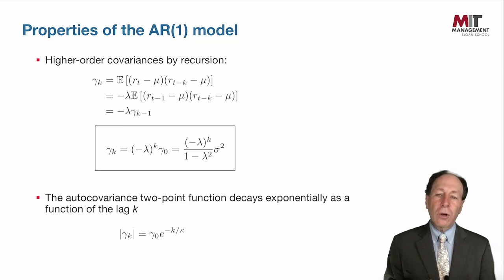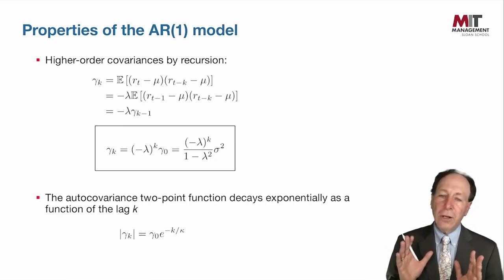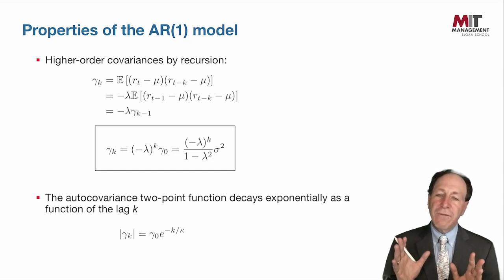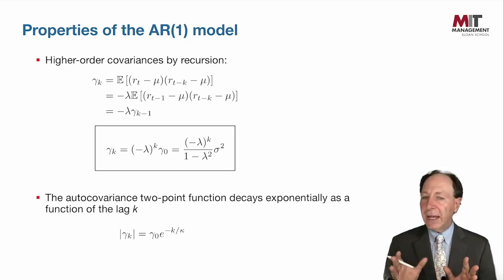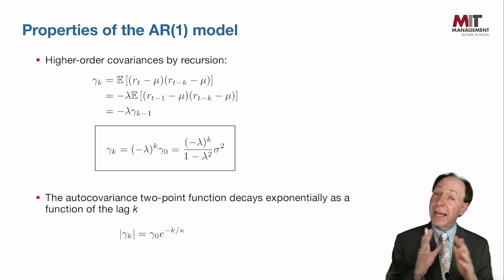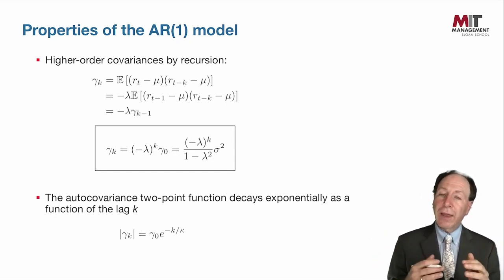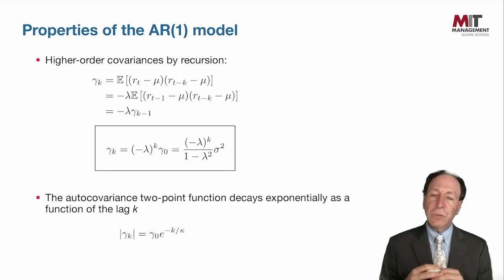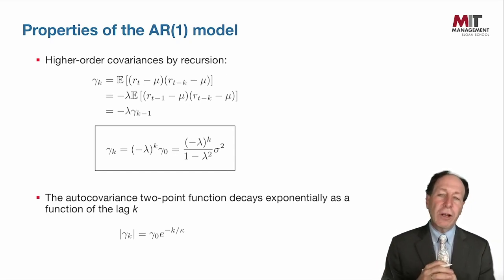We get the higher order values by recursion, and we know that the values as a function of k are decreasing. Each extra k, each extra lag in the AR1 model, brings a power of lambda. Since lambda is less than 1, that's suppressing the magnitude of the fluctuations.